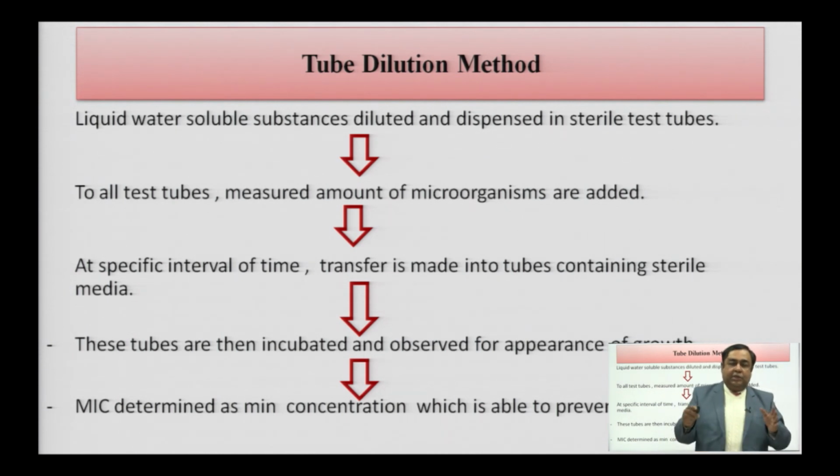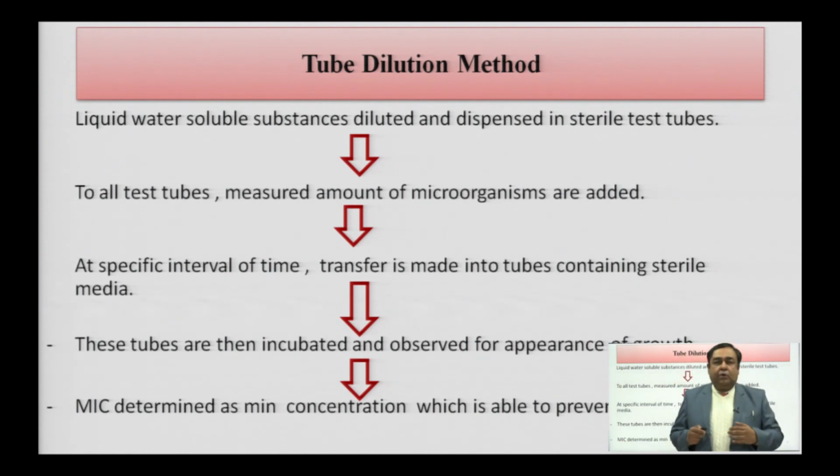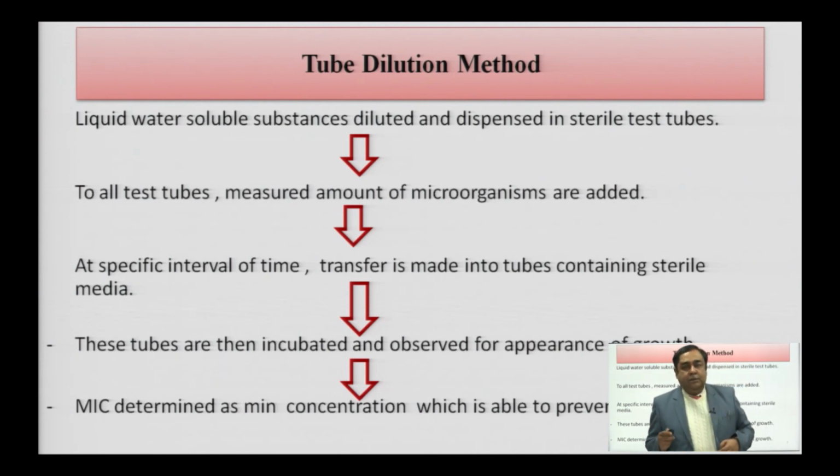Then these test tubes have to be incubated in an incubator. For bacteria, the temperature is 37 degrees Celsius. For fungi, the temperature is 20 to 25 degrees Celsius. You have to note down the concentration at which the process of inhibition just begins.